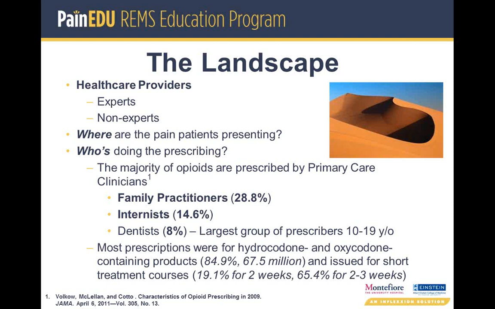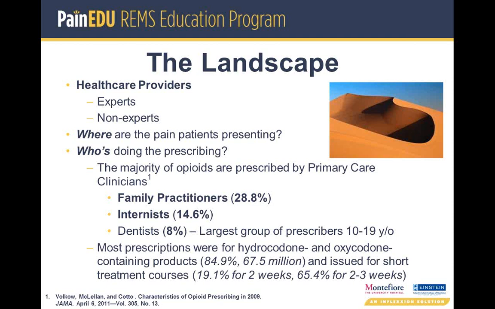But the real takeaway here is that it's mostly non-expert clinicians. There are only about 4,000 physicians who are board certified in the area of pain management. Most of the people doing the prescribing are in family medicine and internal medicine, and dentists are also doing a lot of the prescribing, particularly with the young adult and adolescent population.